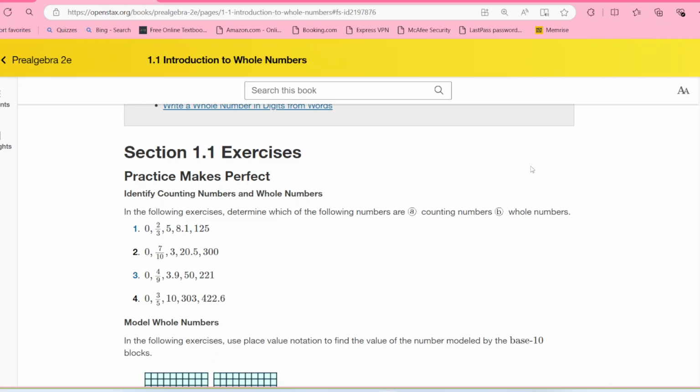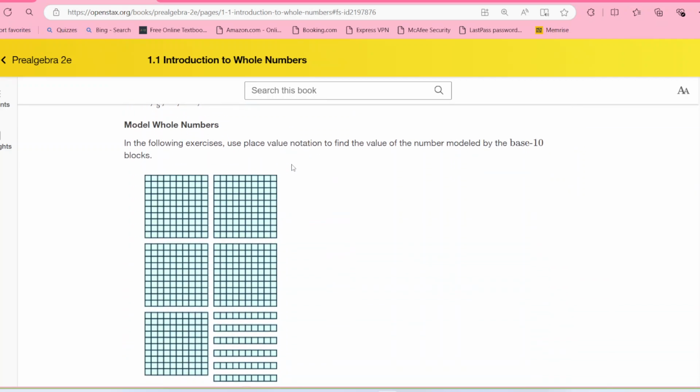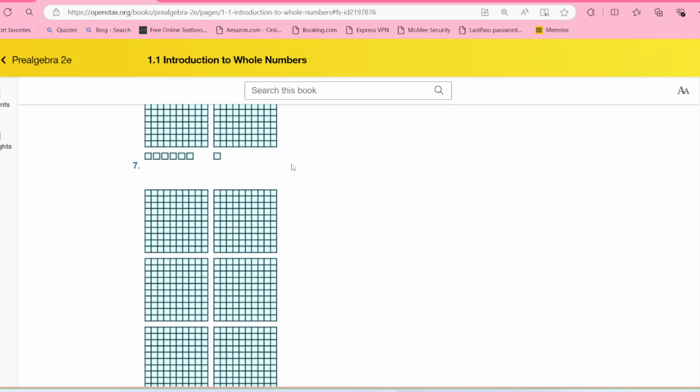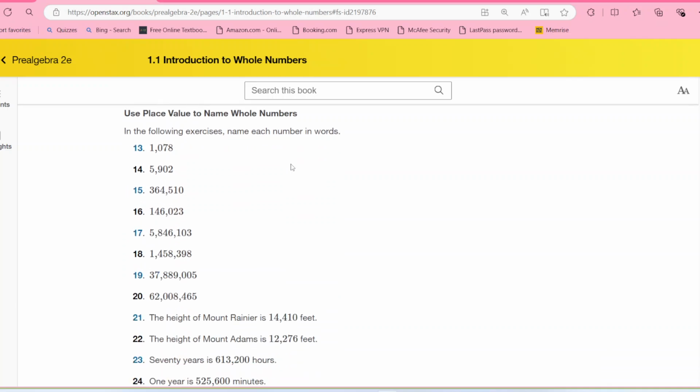So here we are at openstax.org, Prealgebra second edition, 1.1, Introduction to Whole Numbers. I'm in the section 1.1 exercises, and I've done several videos now on some of these. Now I'm in the heading Use place value to name whole numbers.